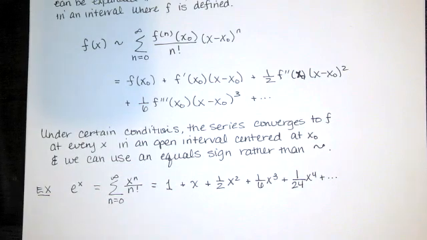Fourier series are very similar, but rather than taking a weighted average of x to the 0, x to the 1st, x squared, x cubed, and x to the 4th, like we're doing right here, rather than taking a weighted average of x minus x naught to the nth power for different values of n, we're going to take a weighted average of cosine and sine functions with different associated periods, where the period corresponds to a particular frequency.